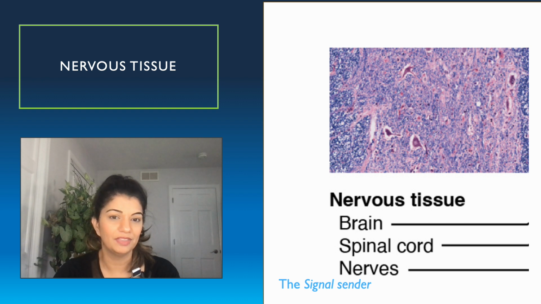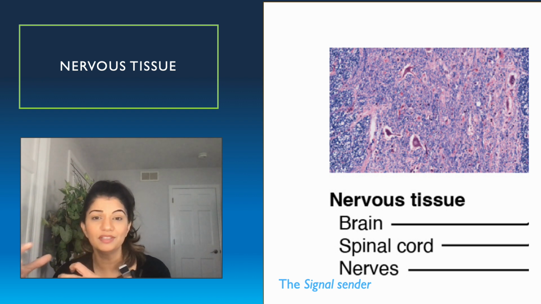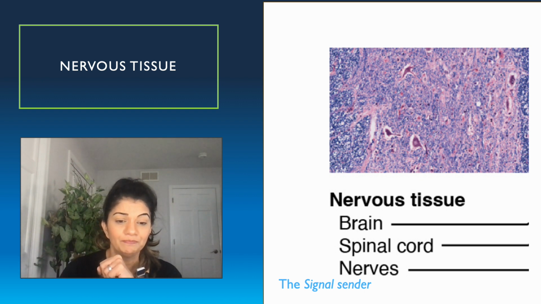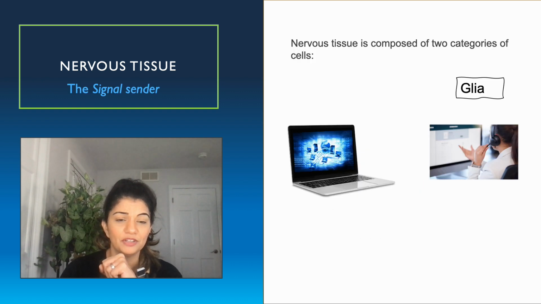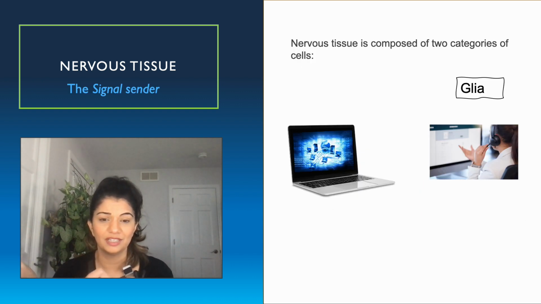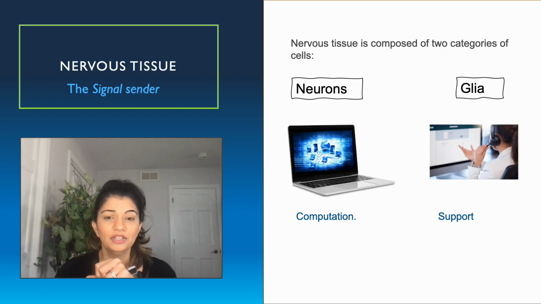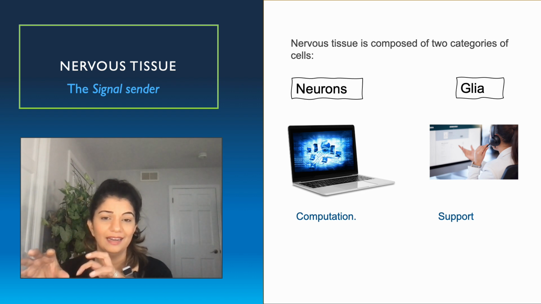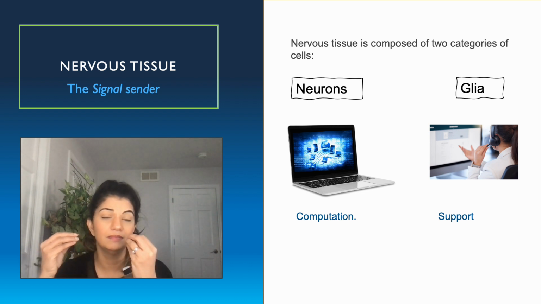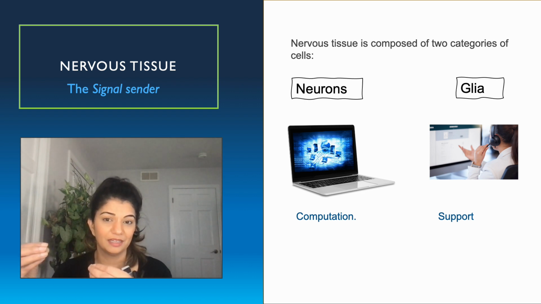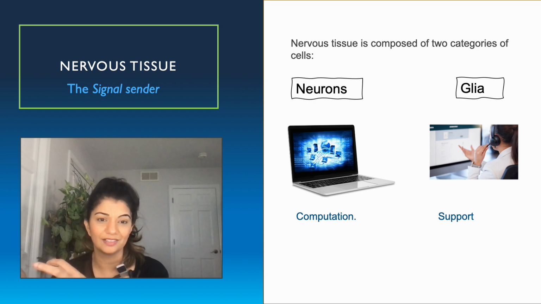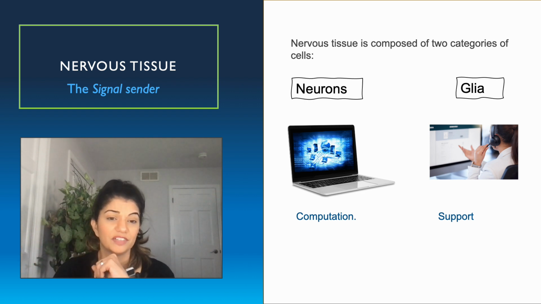But neurons are the primary cells of the nervous tissue and they act like the computers in a network. What they do is they process and transmit information. So let me show you the distinction here. We've got neurons that look and act like the main part of computation and communication, and then we've got glial cells, which are known to play more of a supporting role of nervous tissue.